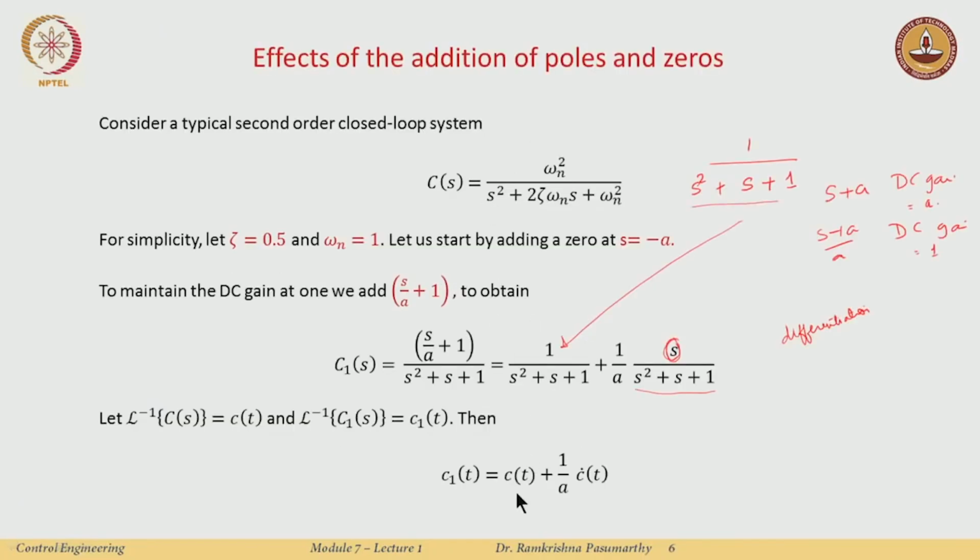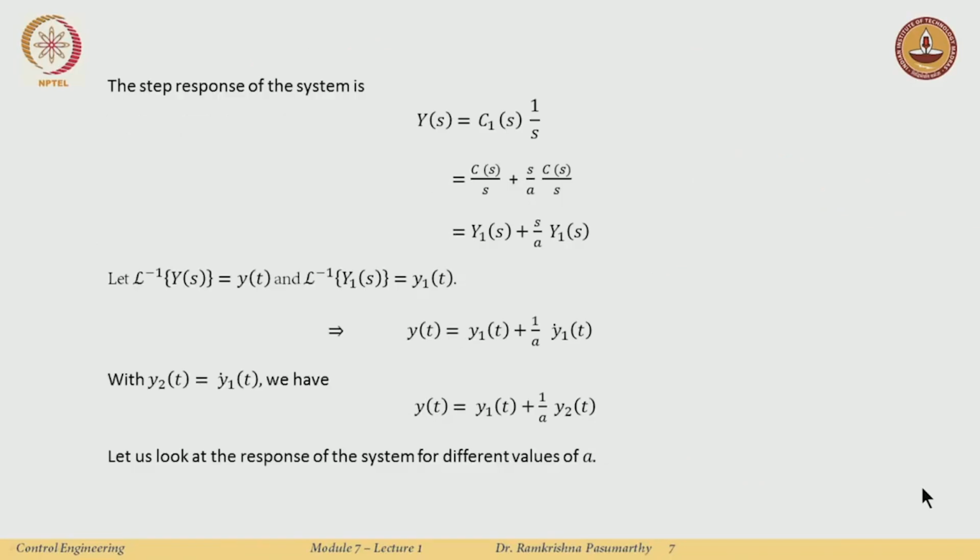If I were to write that properly, C1 of s is C of s plus s over a C of s, and that is what happens here. So, this is y1 of s plus s over a y1 of s, right. I will define the output corresponding to the original plant C as y1.